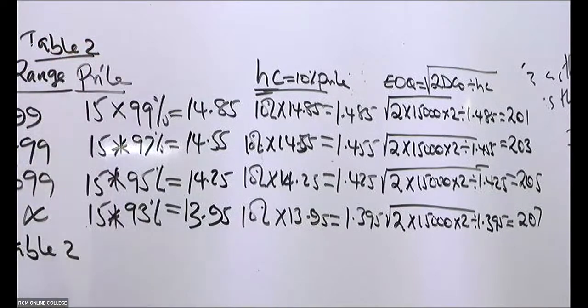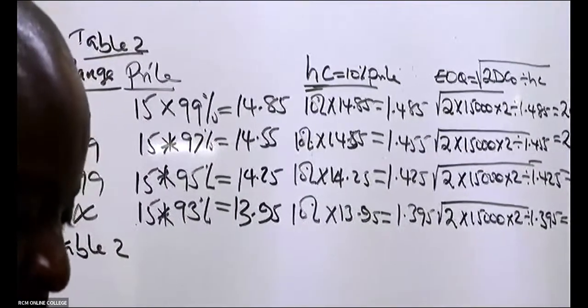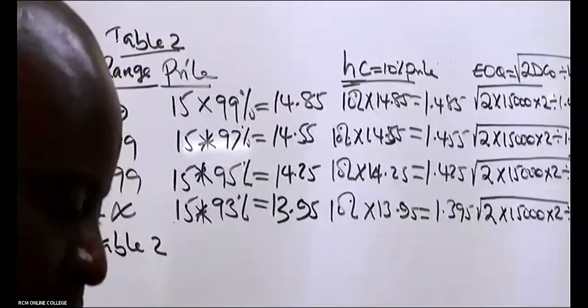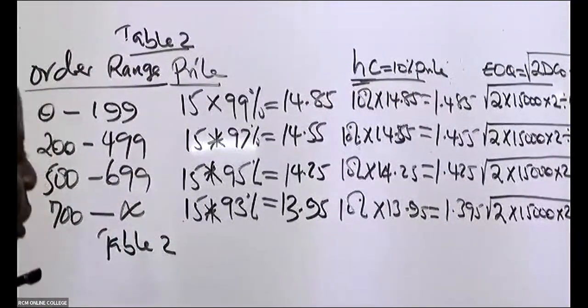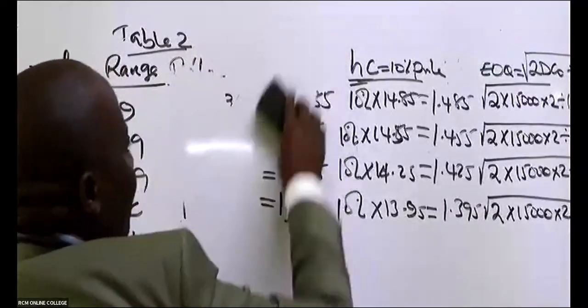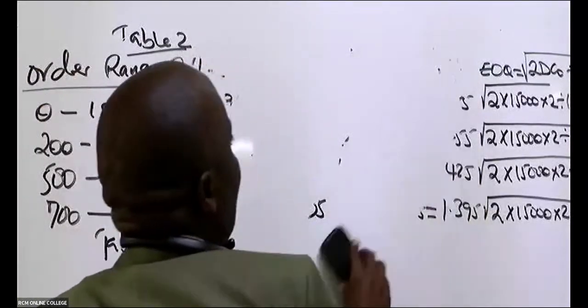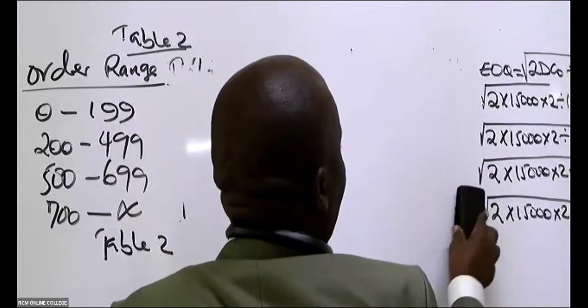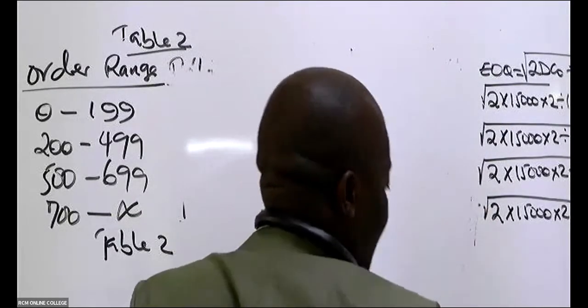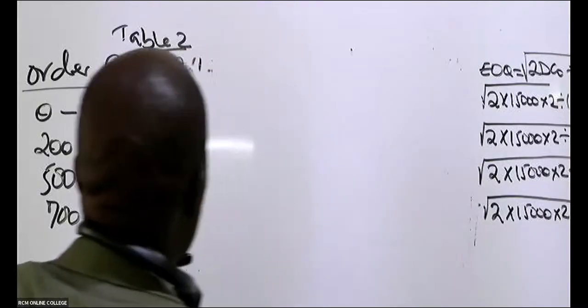How do I do it? When you're doing the second table, remember, you must give us the ranges as usual. I hope now you're writing your table 2.